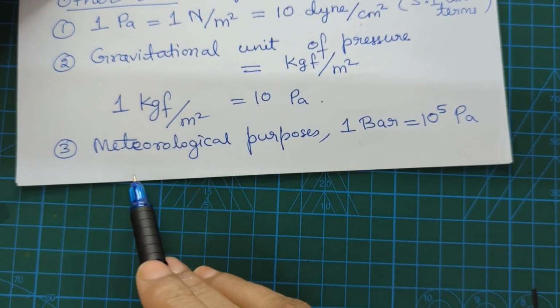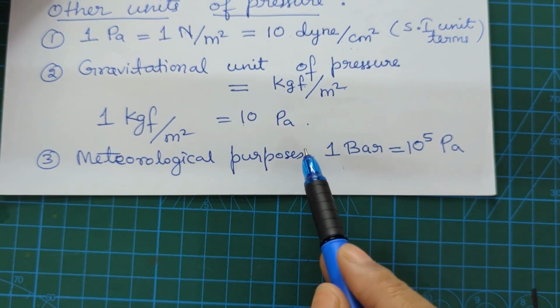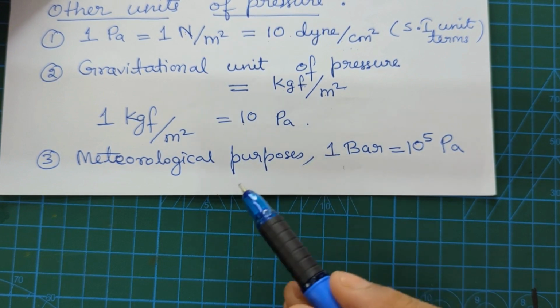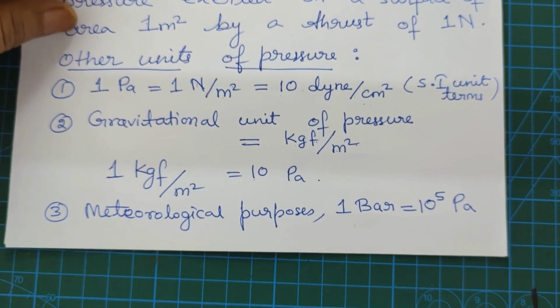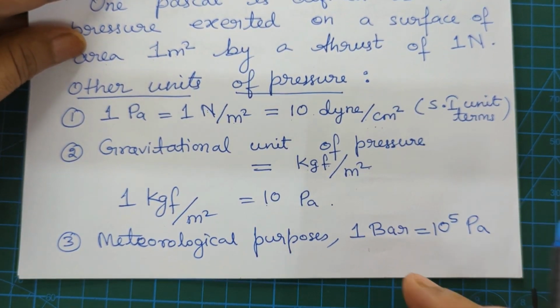For meteorological purpose, pressure is measured, meteorological purpose means atmospheric pressure. How do we measure atmospheric pressure? Atmospheric pressure we measure using a device called barometer, which is generally fixed to the wall, which will have mercury in it and its length is some 1 meter.